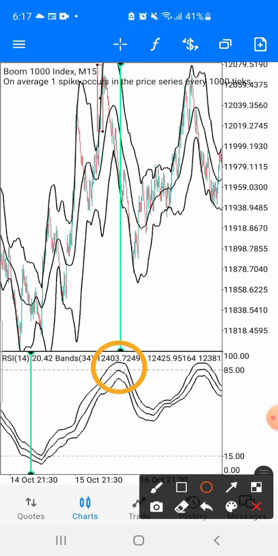We have only one of the lines at the overbought region. So at this point, we are not comfortable taking this trade. If you must take that trade, you must wait for at least 2 of our Bollinger Bands lines to be at level 85 or above it.